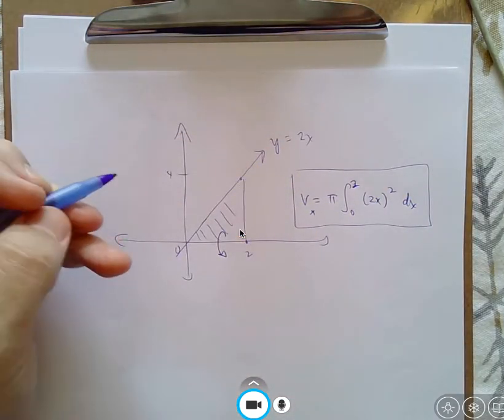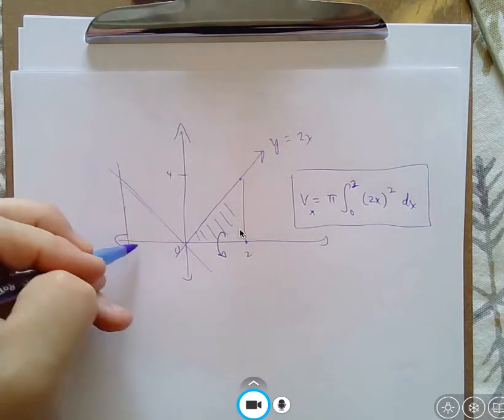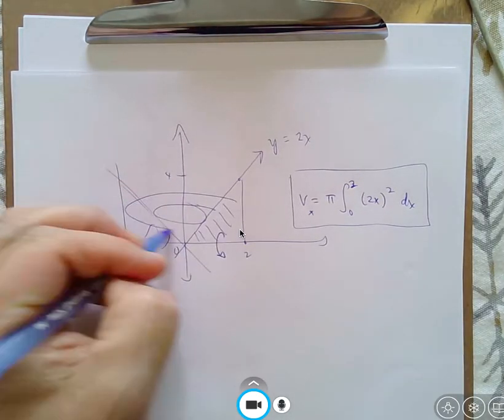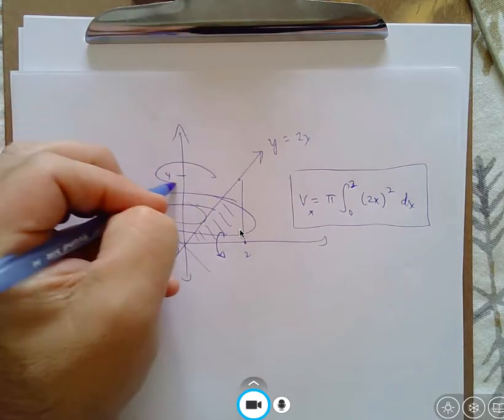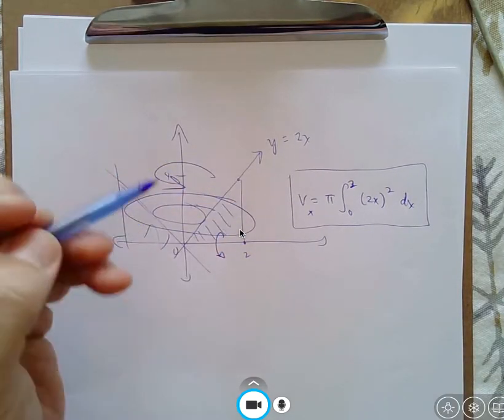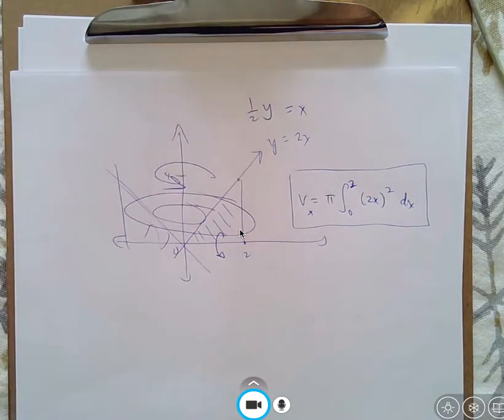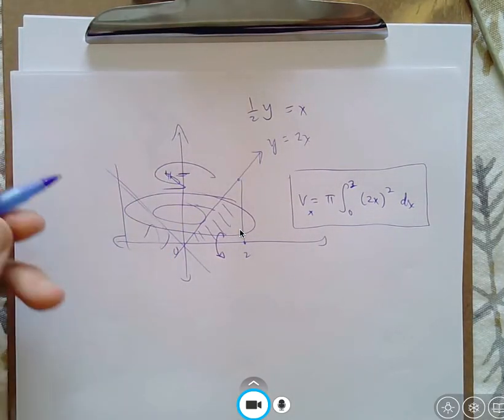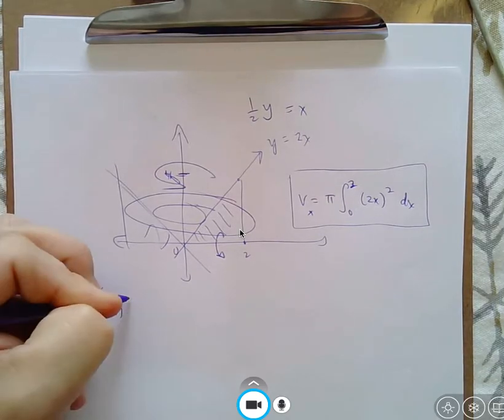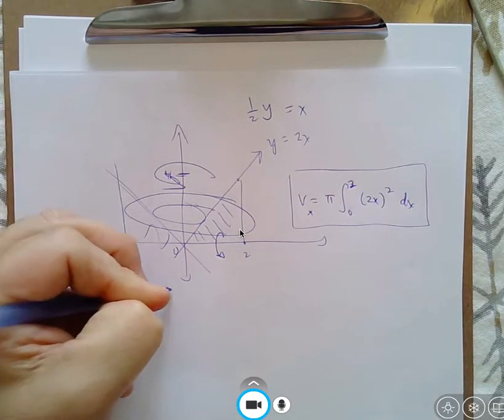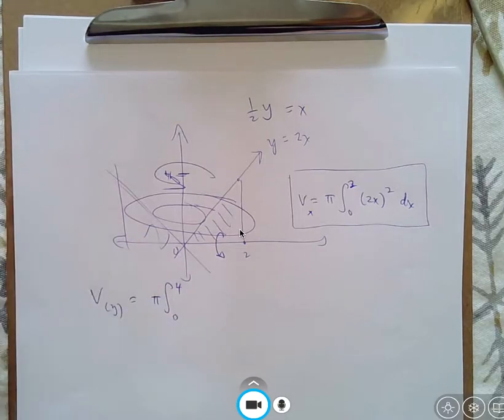If I wanted to find the volume around the y-axis, now I'm dealing with a washer, but because I'm revolving it around the y-axis, I have to solve for x. And then the limits of integration are on the y-axis. So the integral limits are now 0 to 4.